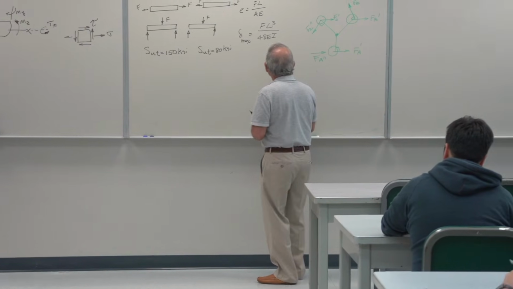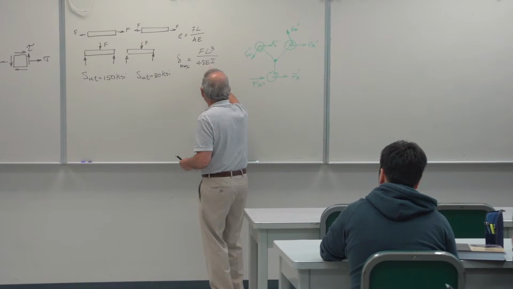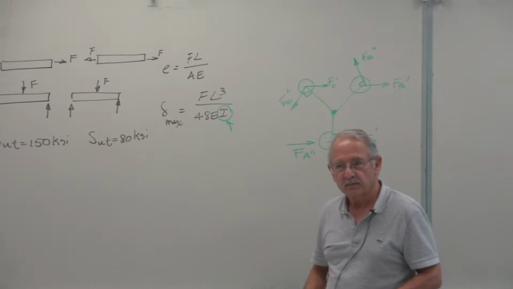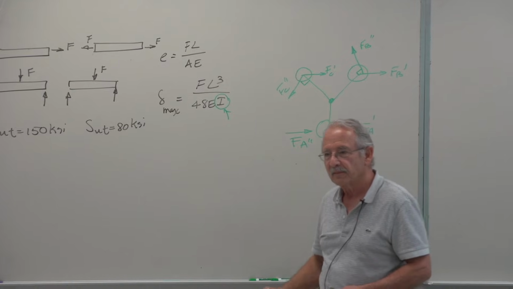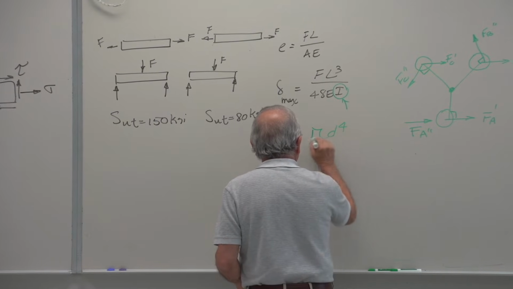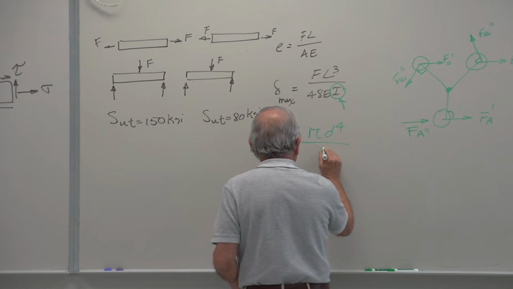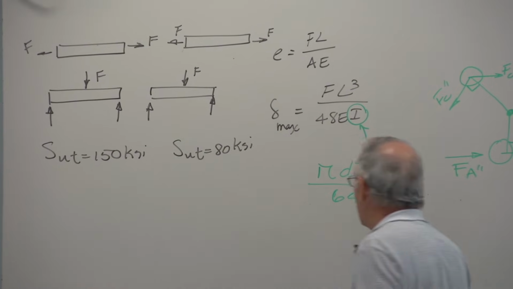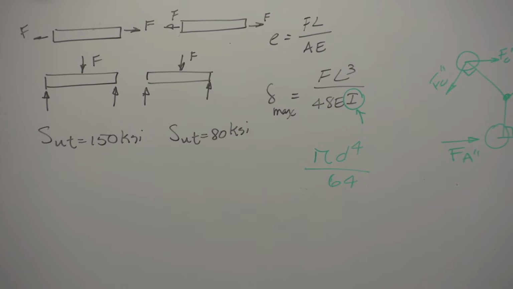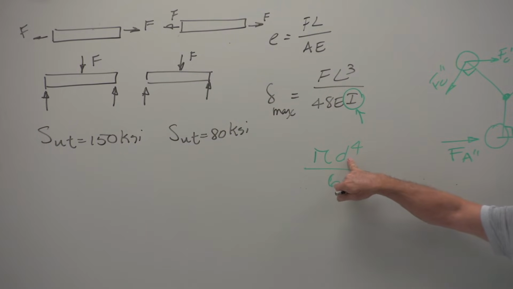What you should notice, this is for bending only, not that. It's related to I, right? And that's I for a circular cross section. It's dependent on the fourth power of the diameter.